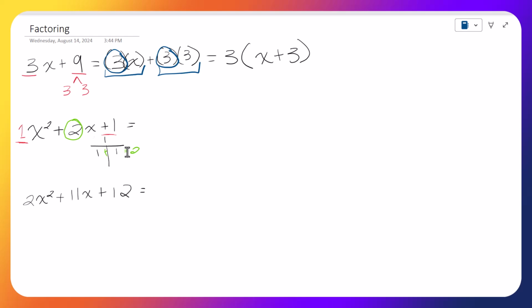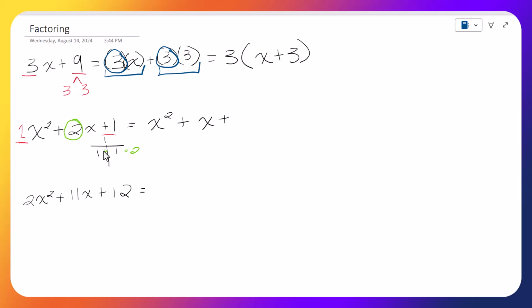And with that, I can rewrite this, and I'll do it by grouping, because I've heard that grouping is popular. x squared plus x. Again, we have an invisible 1 here because it's just 1x.